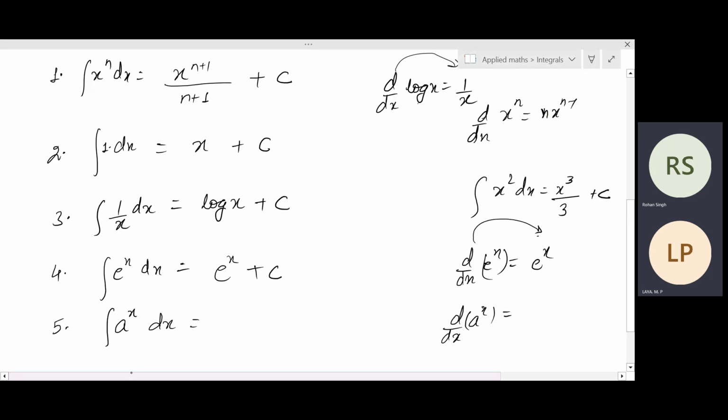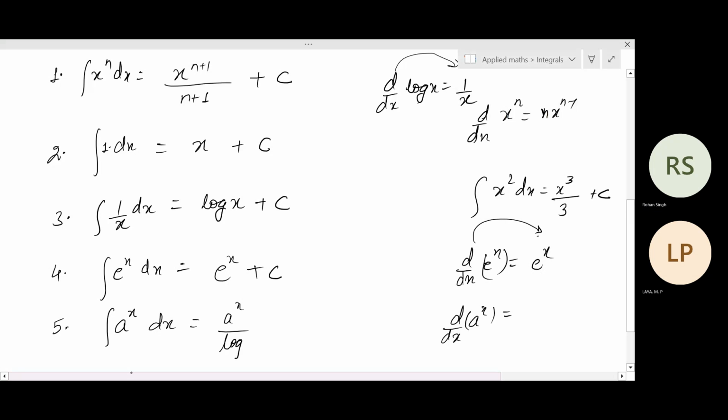Sir, I remember the integration of a to the power x. What is the integration of a raised to the power x? a to the power x divided by log of a. Okay, and the differentiation was a raised to the power x log a.